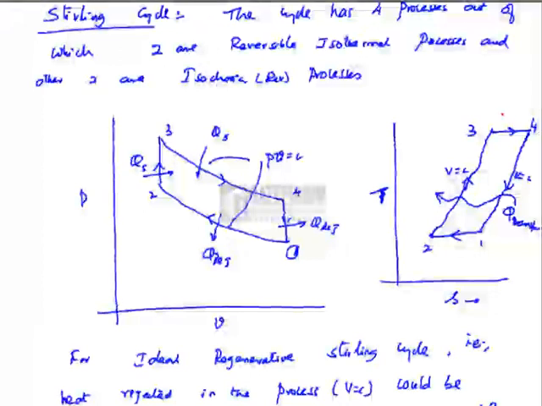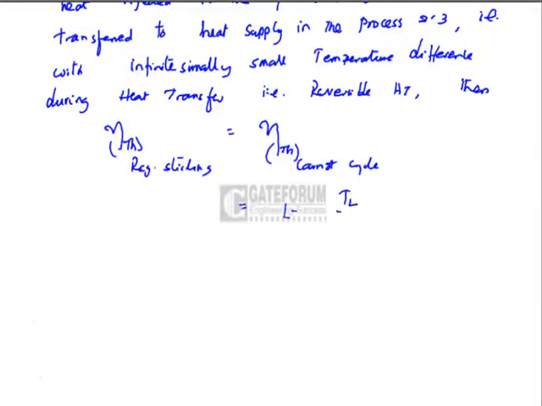Then the only heat transfer externally shall be during the process 3 to 4 and during the process 1 to 2 under isothermal conditions. Then the thermal efficiency of the ideal regenerative Stirling cycle will be equal to that of the Carnot cycle, which is equal to 1 minus TL by TH, where TL here is temperature of the sink, that is T1 equal to T2, and TH will be T3 equal to T4.